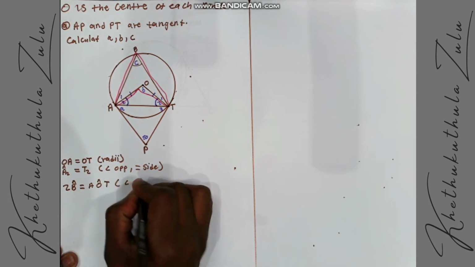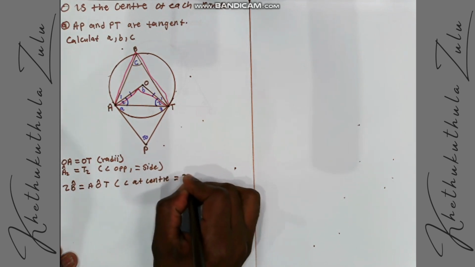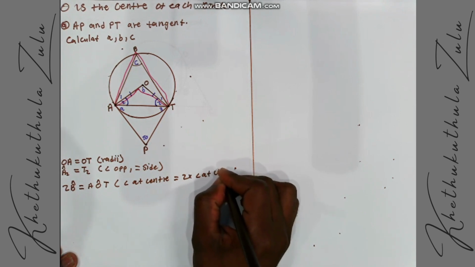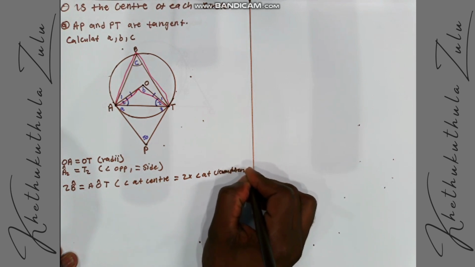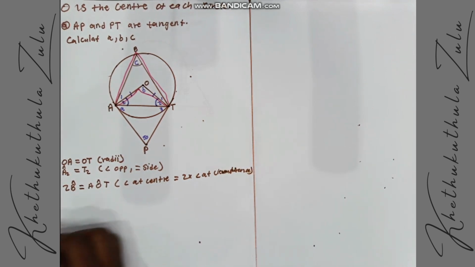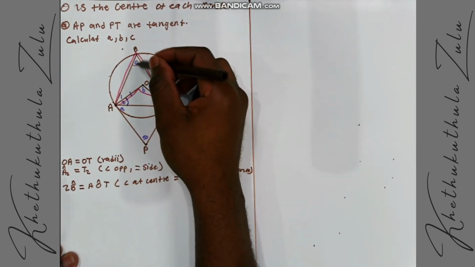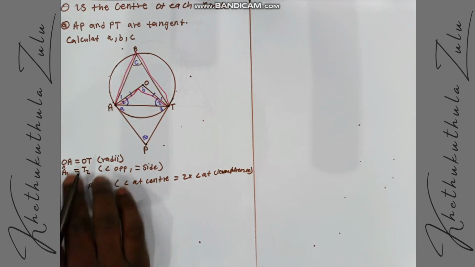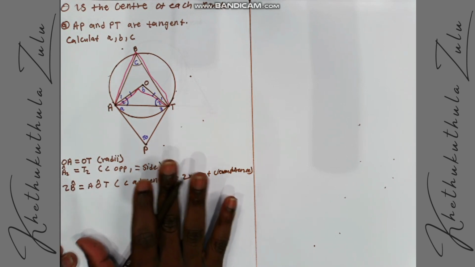Angle at the center is equal to 2 times an angle at the circumference. And then this one is 2 times this one. O is a center, and you see many things that we just found by O being a center.